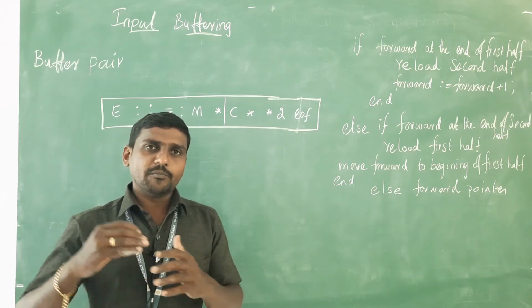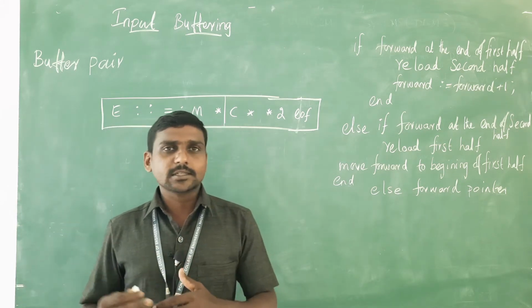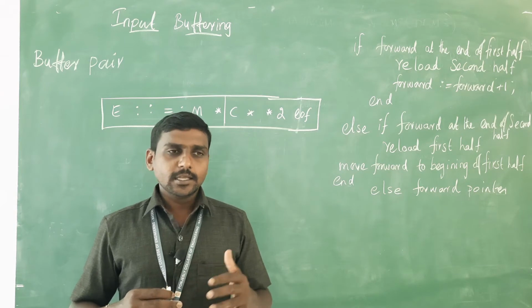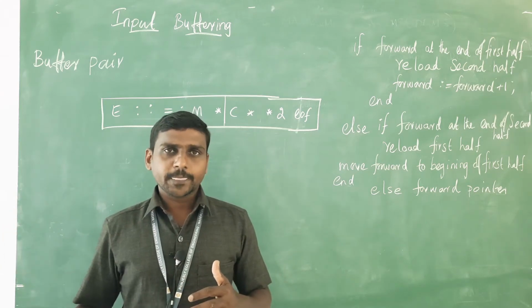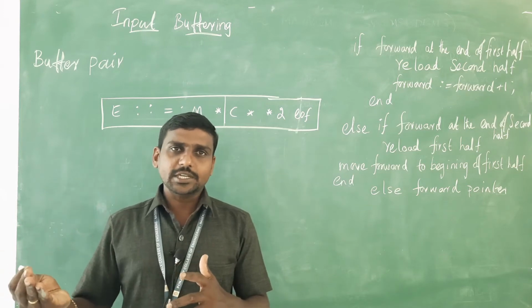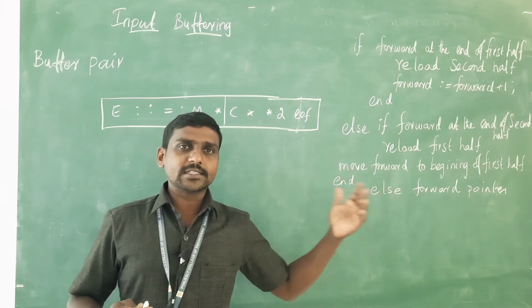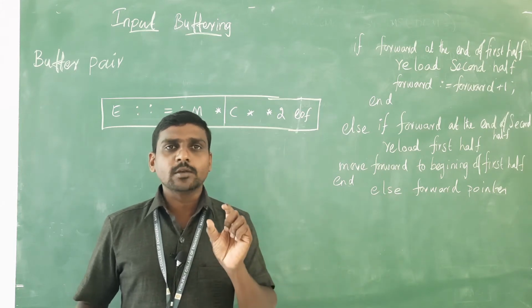The next phase after the lexical analyzer is the parser, or syntax analyzer. It is used to convert tokens into a parse tree. In order to create a tree structure, the parser needs tokens, which are the output of the lexical analyzer. The lexical analyzer creates tokens one by one.